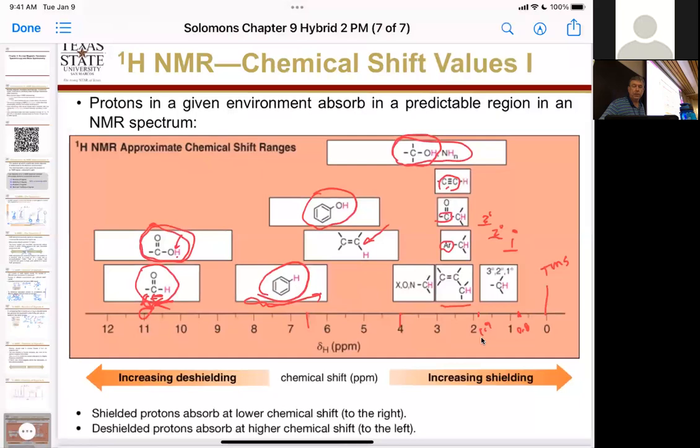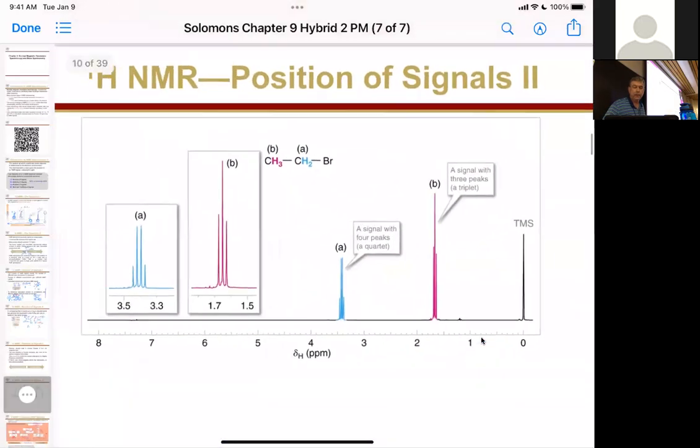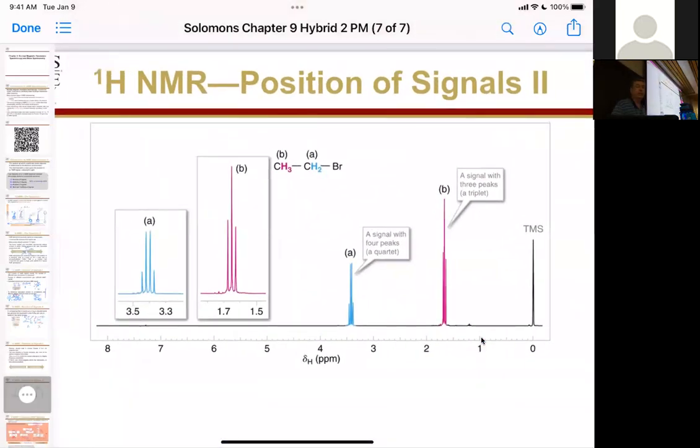Okay, so let's try that here. So just on that principle alone, should this peak be closer to 0 than that peak, or further away from 0? We have CH3, so that's going to be pretty close to 0. It's going to be like a 1. And we have this peak that has a bromine on it. So that's going to be shifted up above that between 3 and 4.